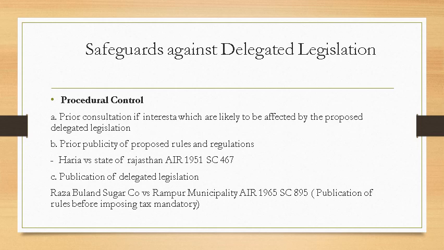But how you go ahead with publication is something for which they said that that is for us to decide, which means it is directory in nature. But at least they said that publication is mandatory. So that is how publication of delegated legislation is as good as a very strongly established norm in our country. Prior publicity is laying its strong foot, prior consultation is weaker.